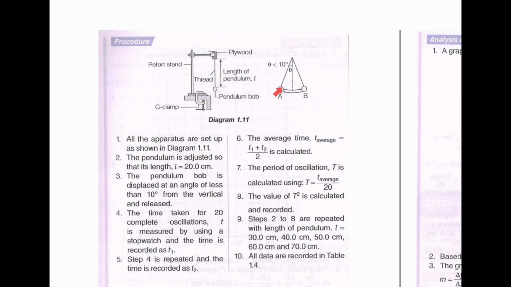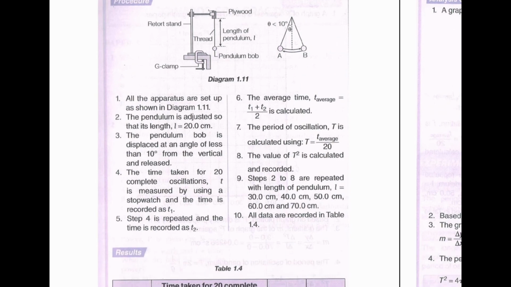That is 1 period. Go here, come back again, 2 periods, then 3, and so on, until 20 periods, you stop the stopwatch, then you check the time. So you must stay alert all the time. You cannot think of other things and forget to count 20 oscillations.